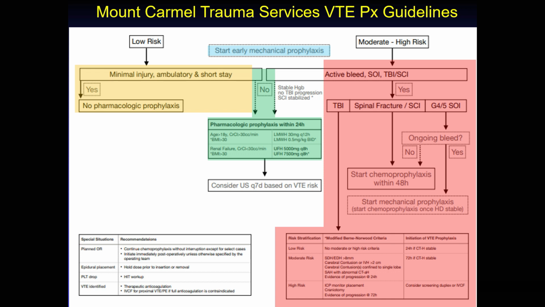Patients with a normal creatinine clearance get Lovenox 30 milligrams BID, or if the BMI is greater than 30, the protocol calls for 0.5 milligrams per kilogram BID after the AAST guidelines. And again, I would add in here to consider maxing out at somewhere around 60 to 70 milligrams BID.